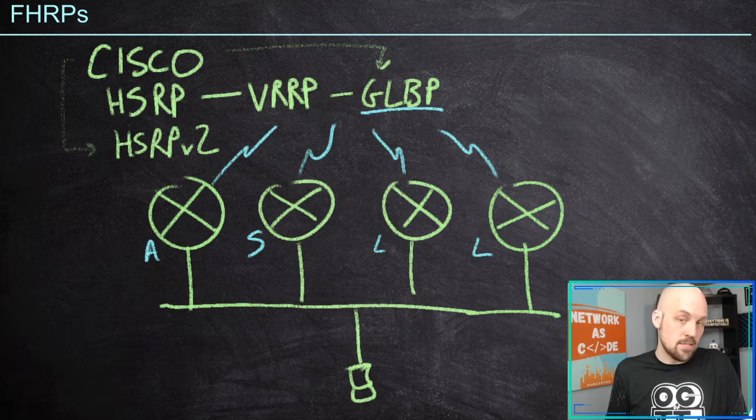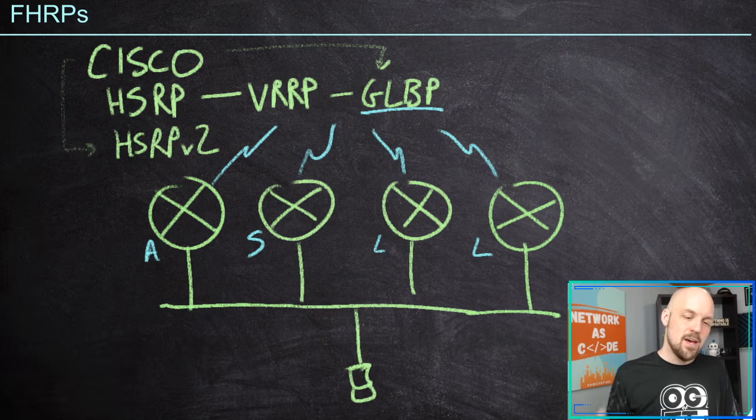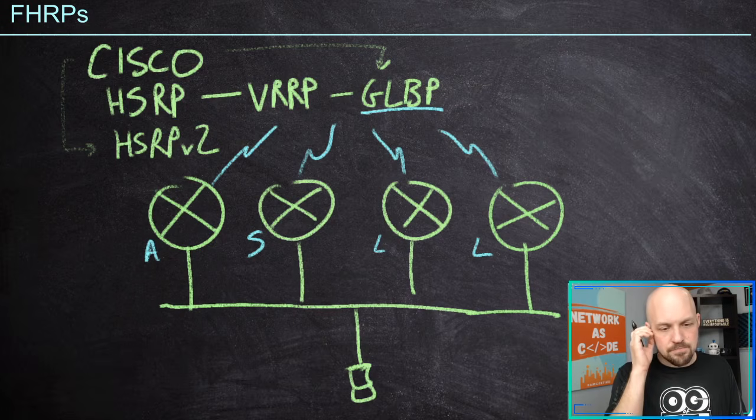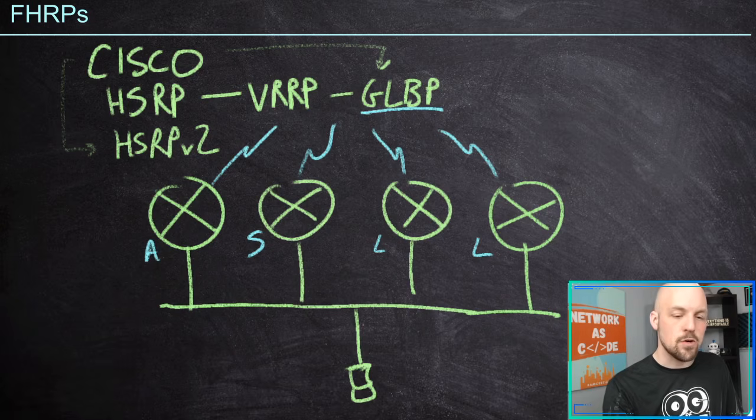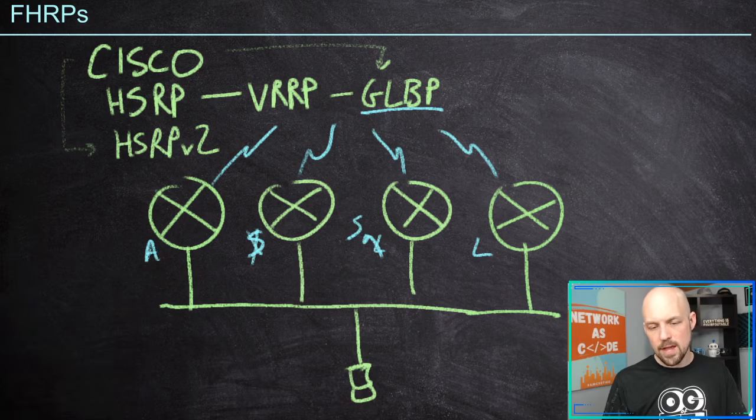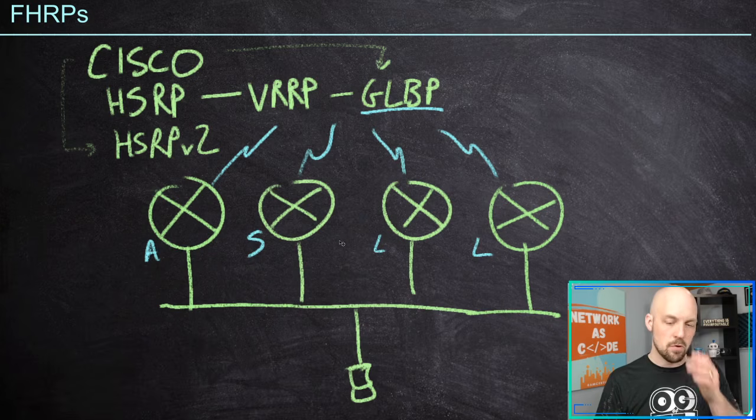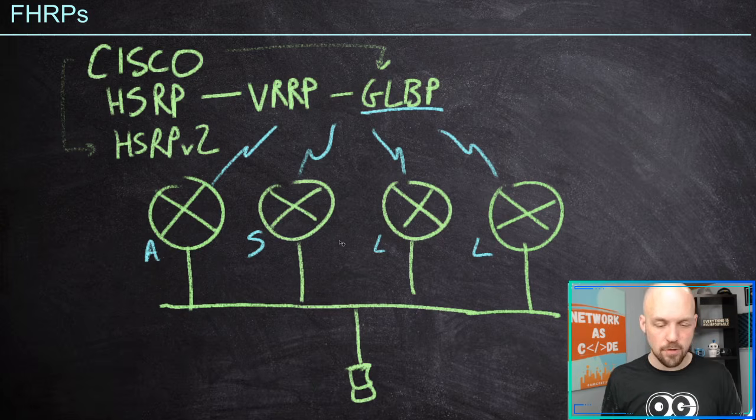We have an active, we have a standby, and so I'm just left out in the dust and I don't do anything. The only thing they can do is if the standby happens to go down, then one of these will become a standby router, right? That's why they're listening. You just never know what's going to happen. And if the active goes down, the standby will become the active, and one of the listeners will also become the standby. It makes sense.